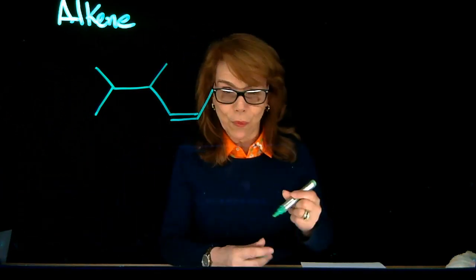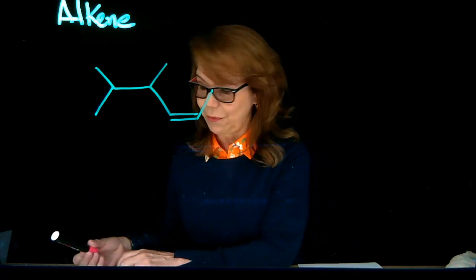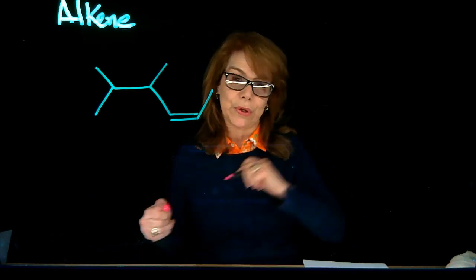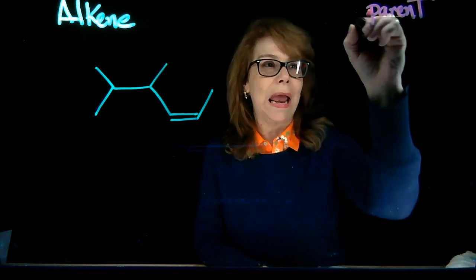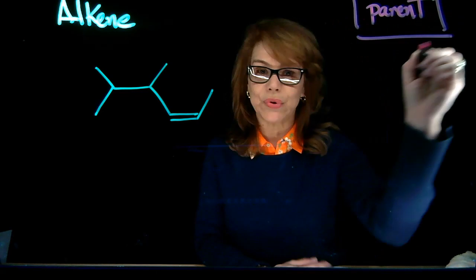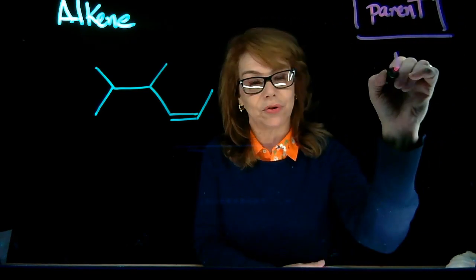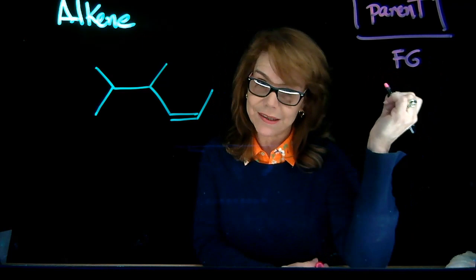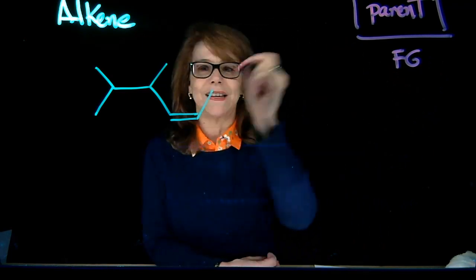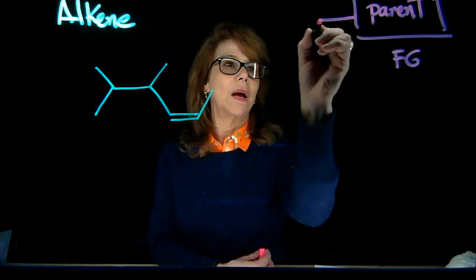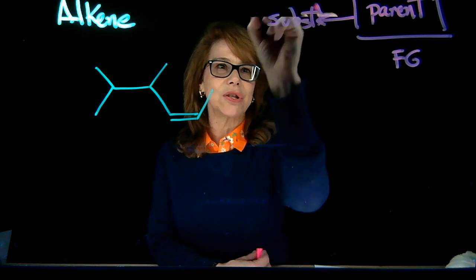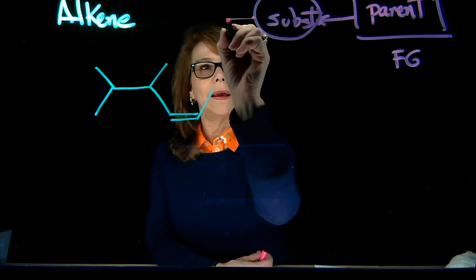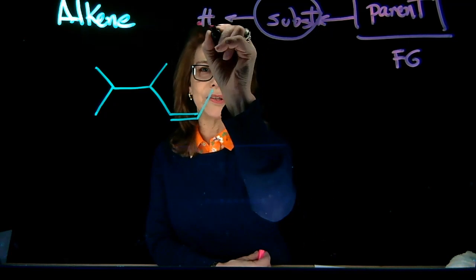So first, we want to remember, what is the strategy that we use when we're naming compounds? First, we want to identify the parent chain. Here we want to choose the longest chain that contains the functional group, in our case the alkene. Next, we need to identify and name substituents, then number the chain.